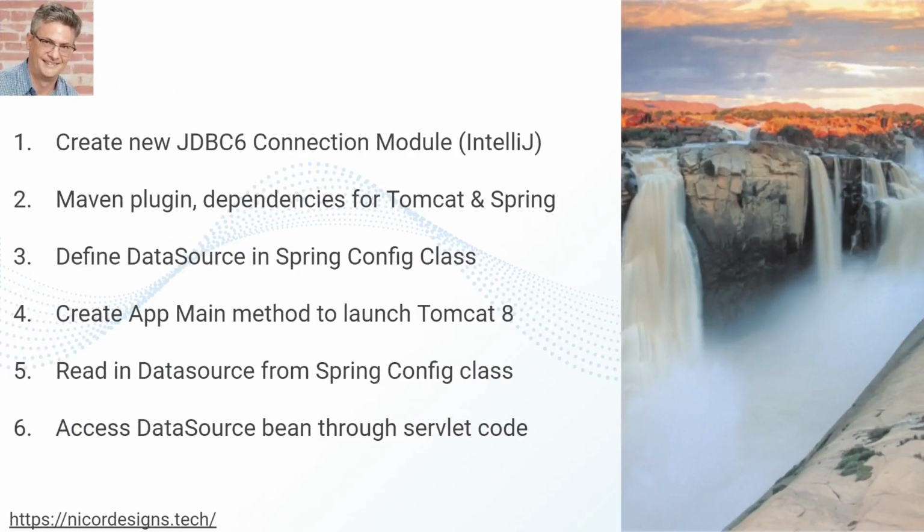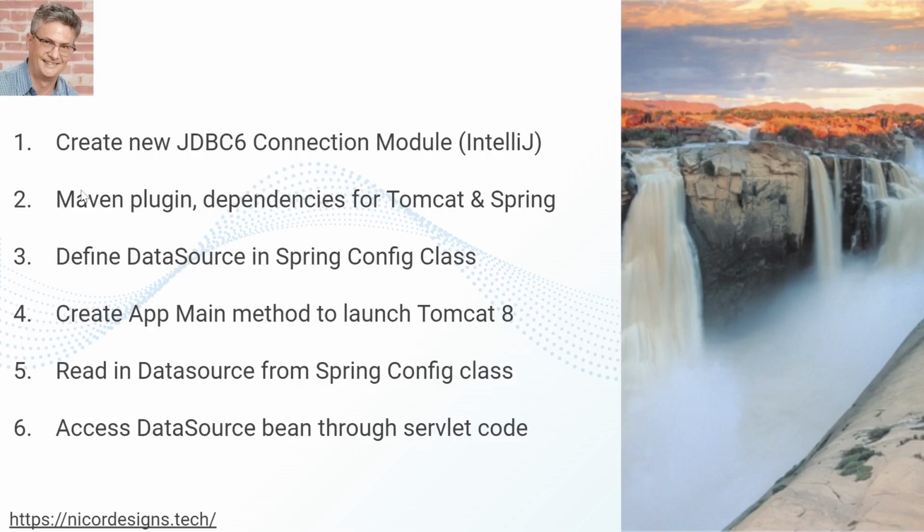These are the high-level steps we will perform in this lesson. First, we will create a new JDB6 Maven module inside of IntelliJ. Then we will update the Maven POM file with the required Maven plugins and the dependencies for Tomcat and Spring. In number 3, we will define a data source in a Spring configuration class.